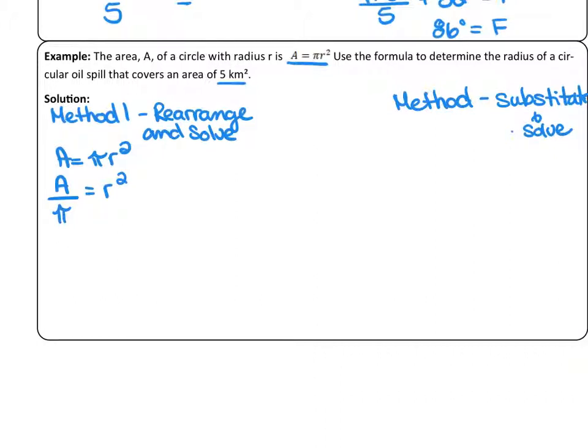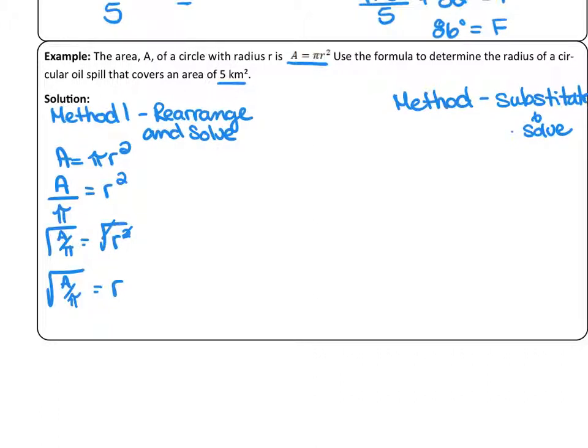We don't want to find the radius squared. So in order to change that exponent, you're going to take the square root of each side. So if you take the square root of A over pi and the square root of r squared, the squared is going to disappear because they cancel each other out. So you have the square root of A divided by pi equals r.